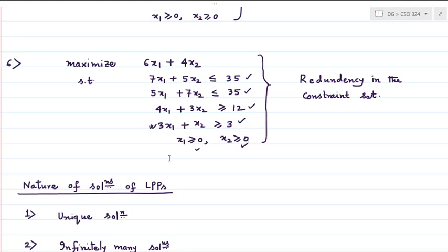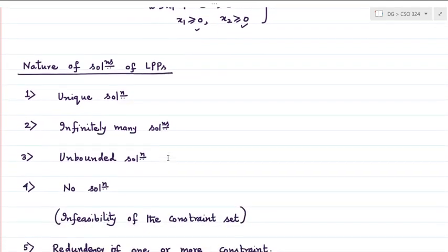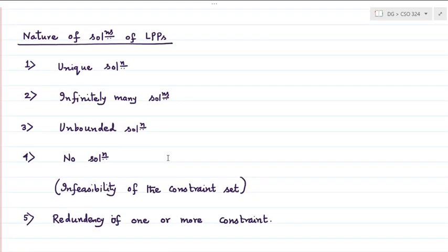And therefore we have to find a mathematical condition, if possible, satisfying which we will be able to check that the problem has an unbounded solution, or a unique solution, or any of the five cases.